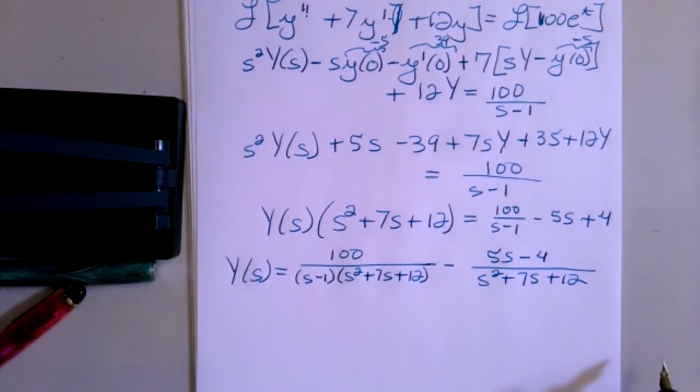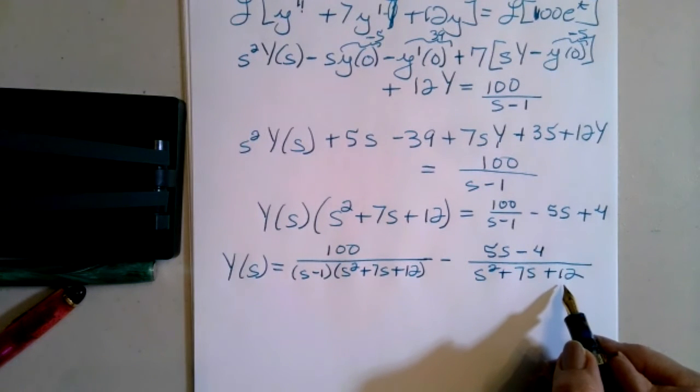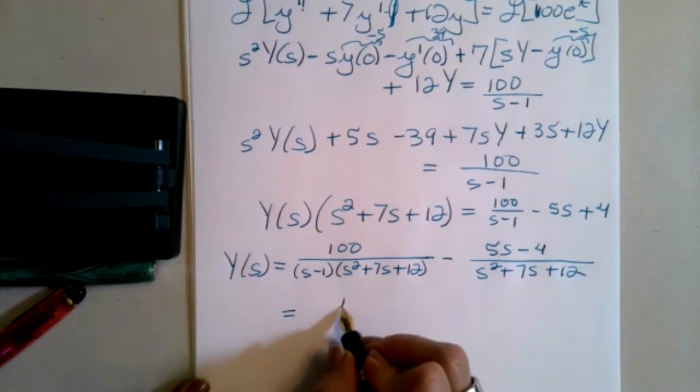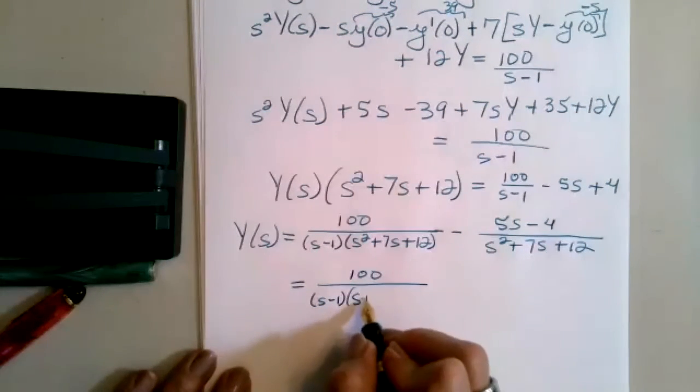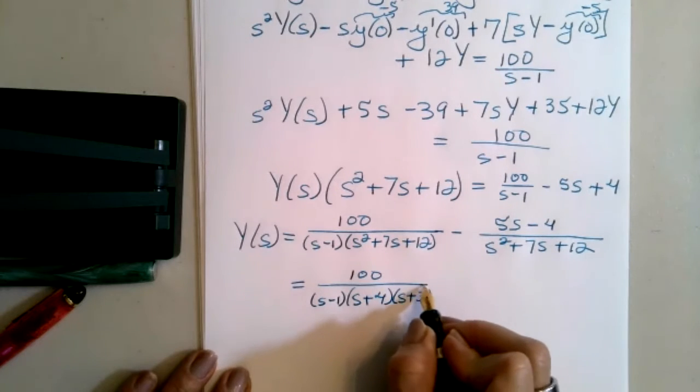Okay, so let's see, does this factor? If you did 4 and 3, that would give you 7 and 12. So this does factor. The denominator factors to s plus 4 times s plus 3.